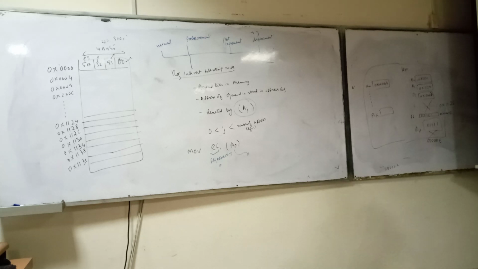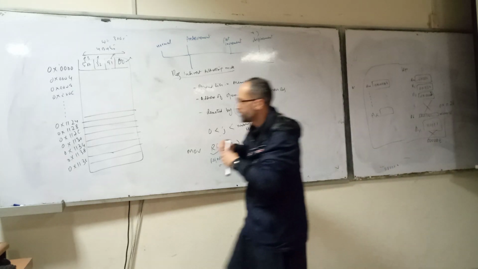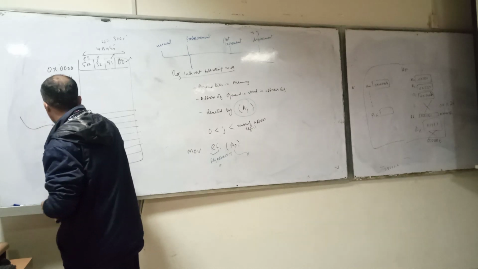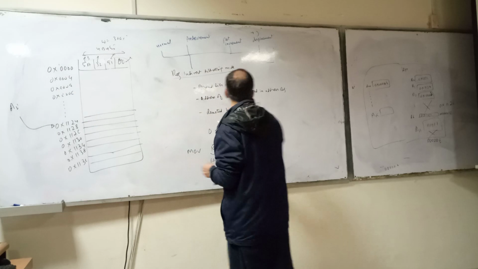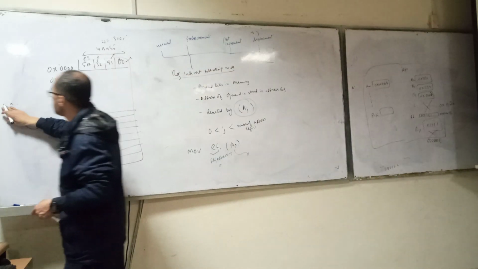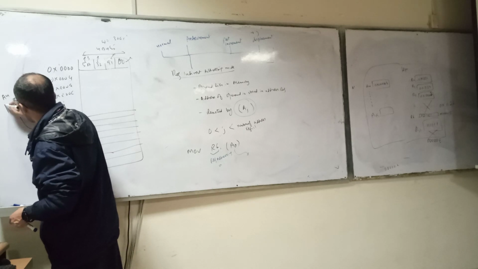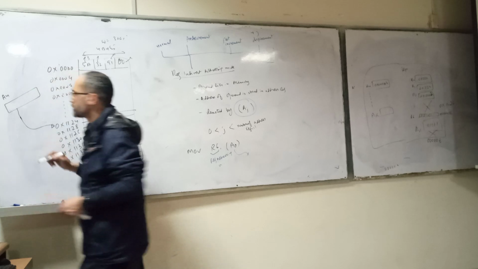Okay, now let's assume we have an address register AI, any AI. A is pointing to this location. So now we can have an AI, any register. Let's assume this register is A4, and A4 is initially pointing to this location.